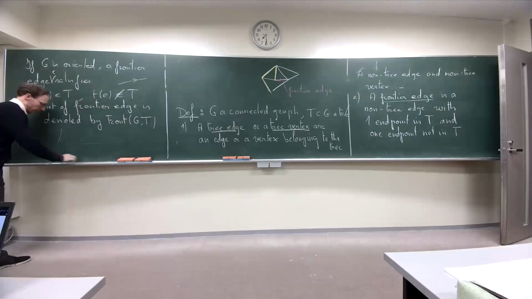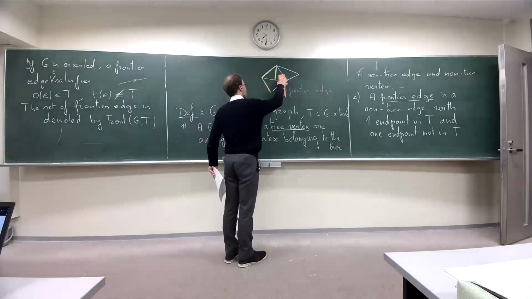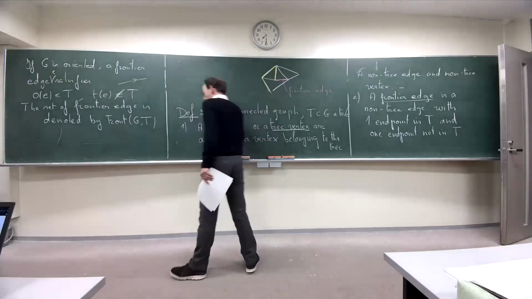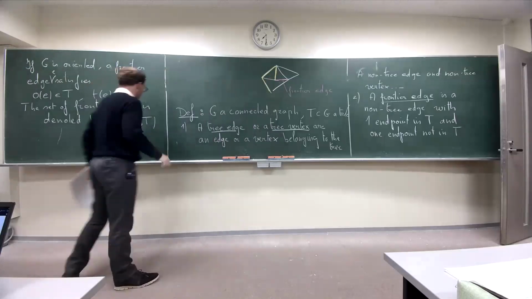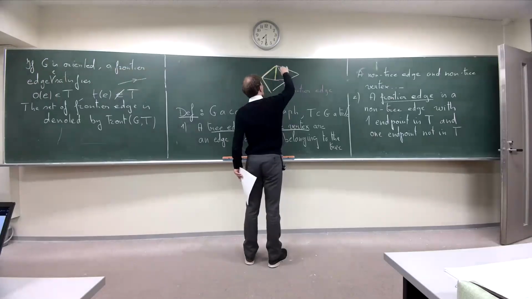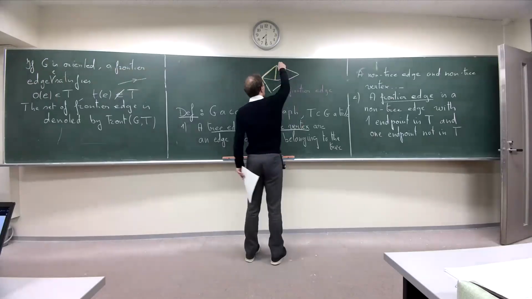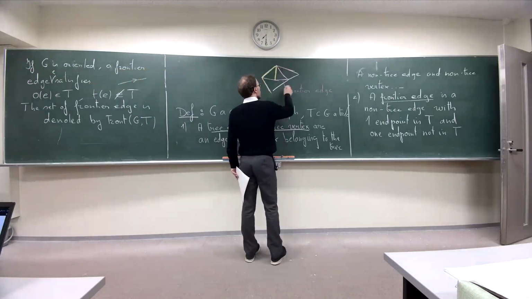Now if I come back to the situation without orientation, if I want to draw the set of frontier edges, we have this one, this one, this one, and this one.